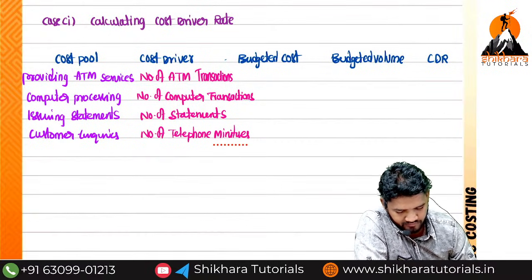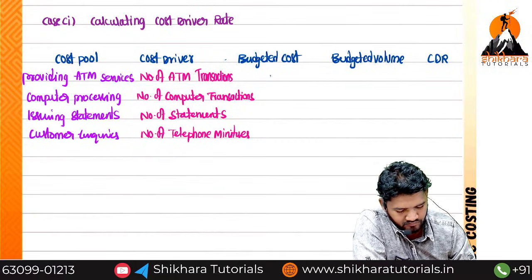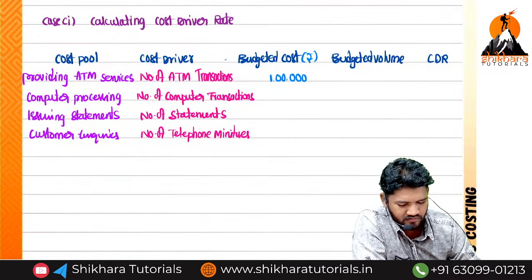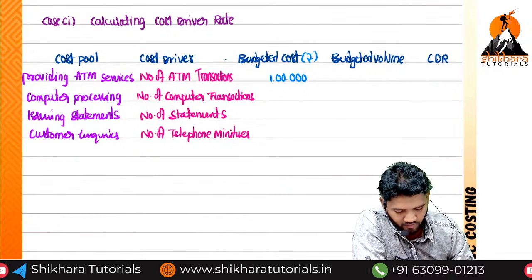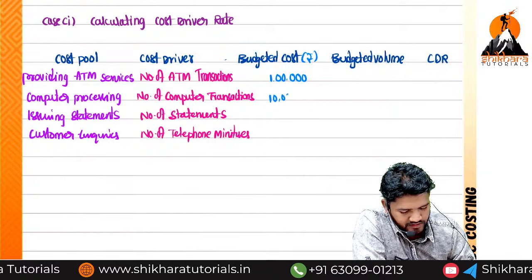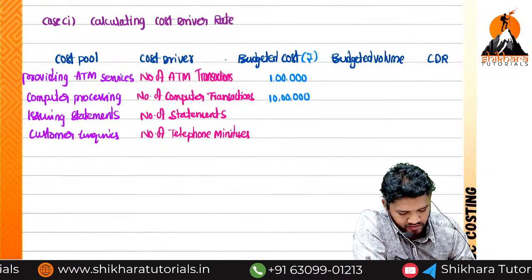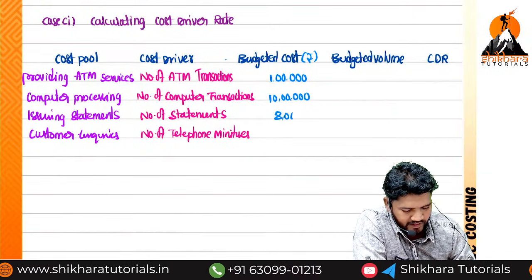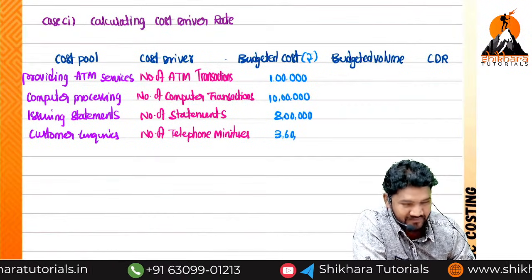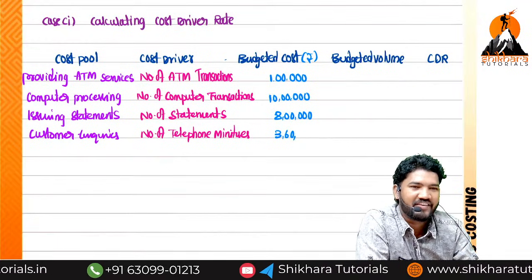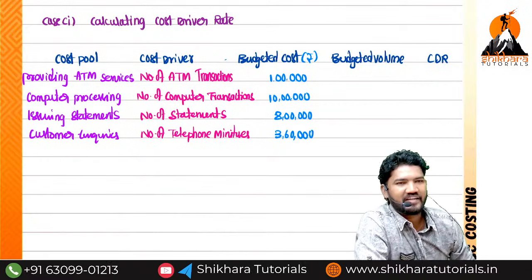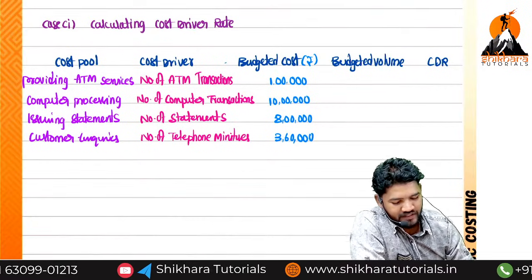Budgeted cost, please. Here you have to mention the rupee symbol. Now what about the next one? 10 lakhs. Next budgeted cost. Take an error, rectify it. 3,60,000. Budgeted volumes, please.